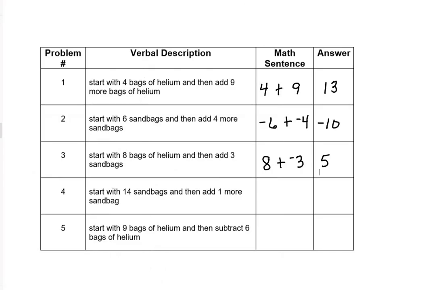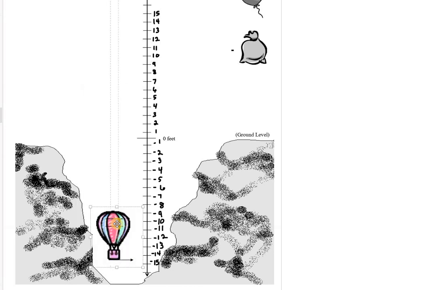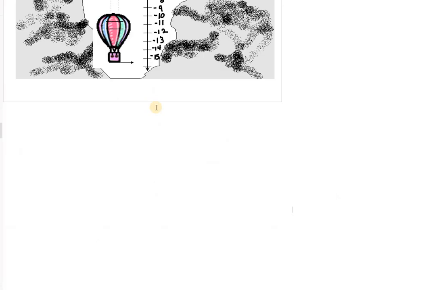Okay, problem number 4, we're going to start with 14 sandbags, so that's negative 14, and then we're going to add 1 more sandbag. Okay, with our balloon model, we're going to start at negative 14, that is 14 sandbags, and then I'm going to go down 1 more, so I'll end up at negative 15.